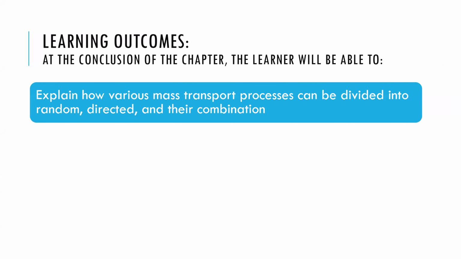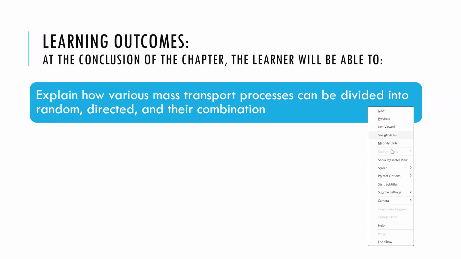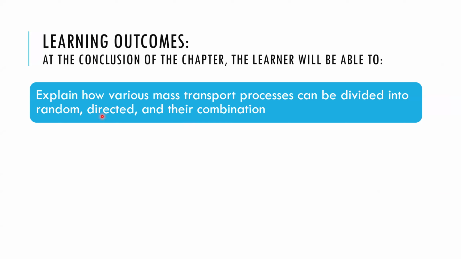Okay, so what are my learning outcomes for this chapter? I want you to see that all kinds of mass transfer processes can be divided into random or directed and their combinations. So we want to see examples of random and directed.